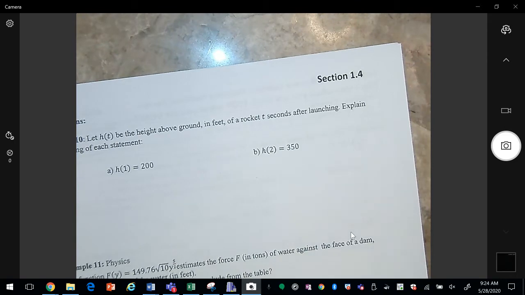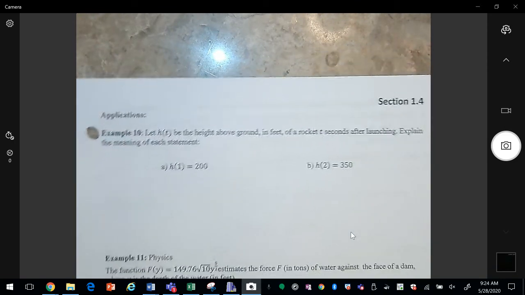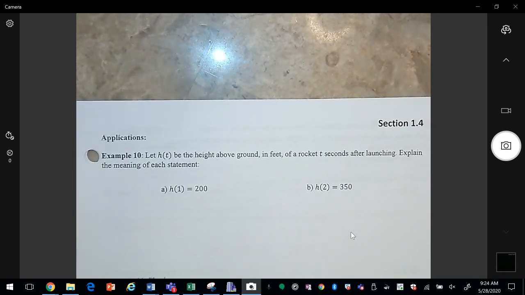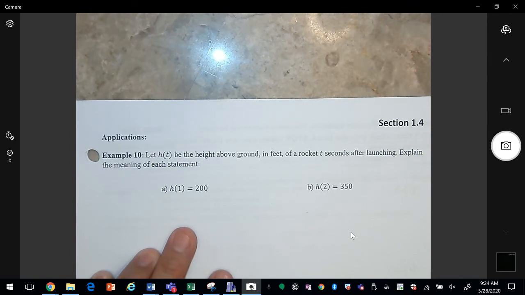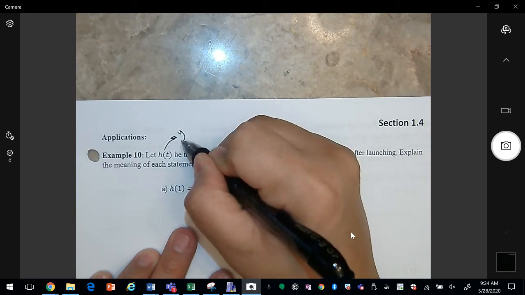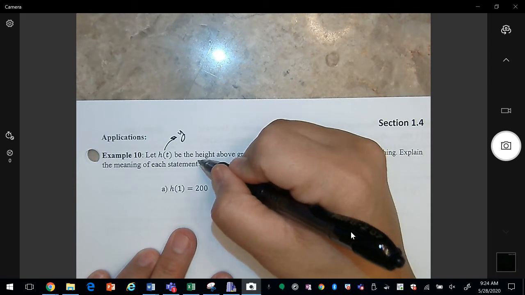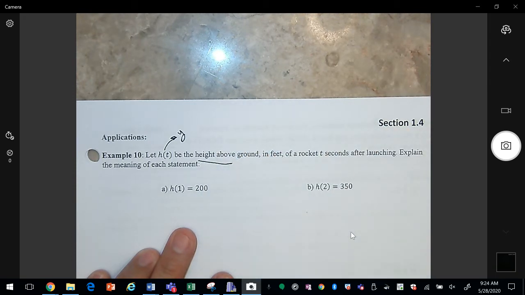Okay, so the next one, page 20, we have let h of t be the height above the ground in feet of a rocket t after launching. Explain the meaning. Okay. So h of t, remember this is like your y, and that's going to be the height above the ground after t seconds.